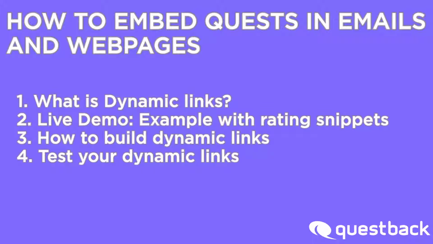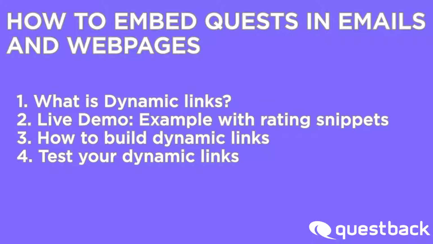So then step number 3, how to build dynamic links. And this is, to be honest, a bit harder. So as I've written here in part 1, you would need your question set.